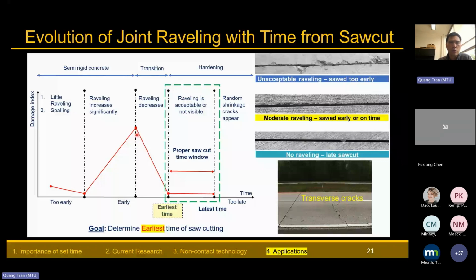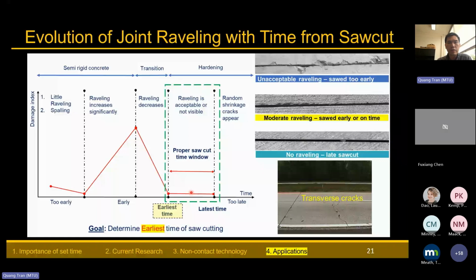But at some point, when the concrete material is strong enough to resist the saw cutting, we have less and less raveling damage. Then we enter the window with acceptable raveling damage, or it's not even visible.